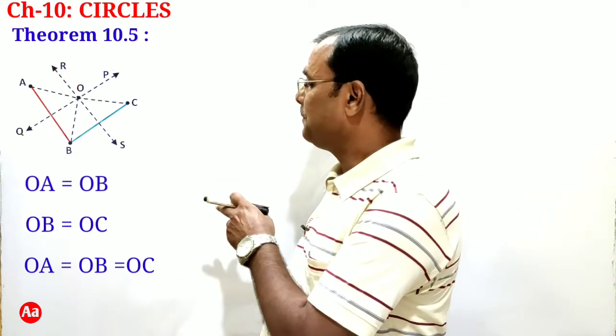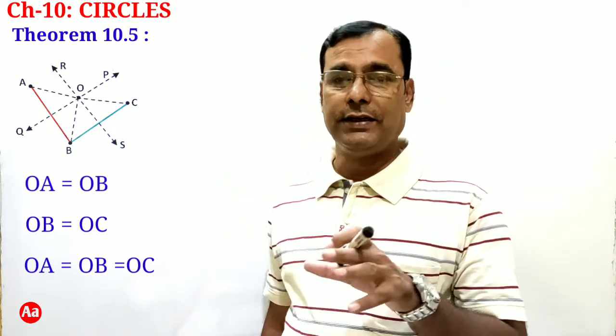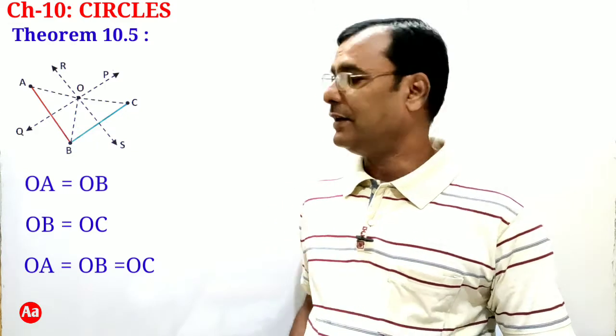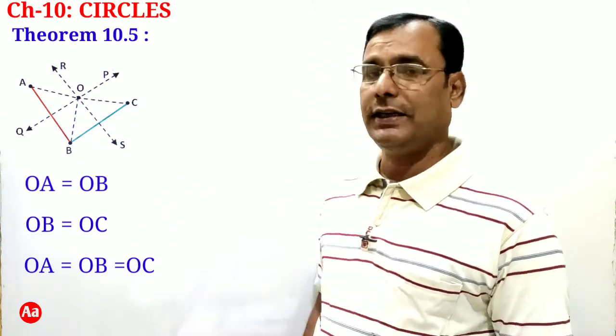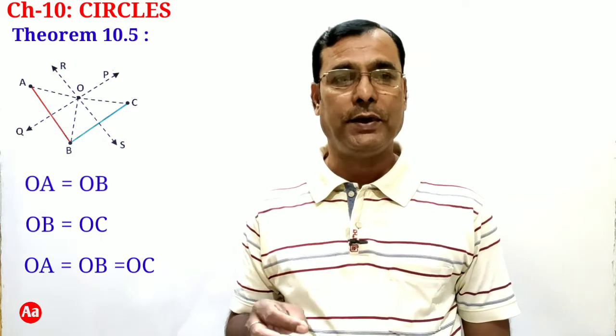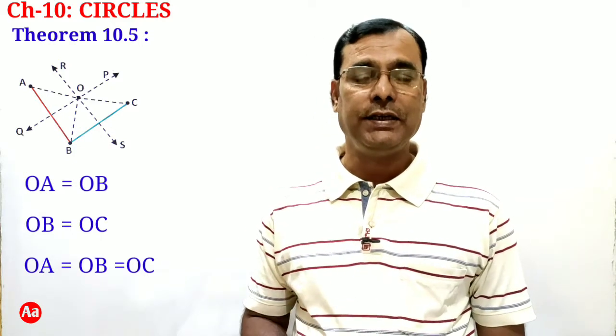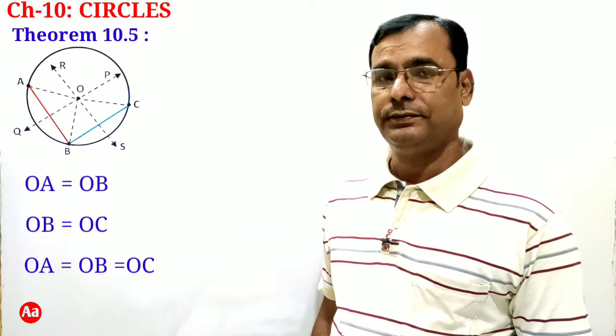If we take O as center and OA as radius and draw a circle, that circle will surely pass through the points B and C also.